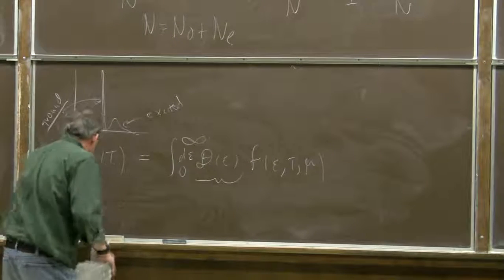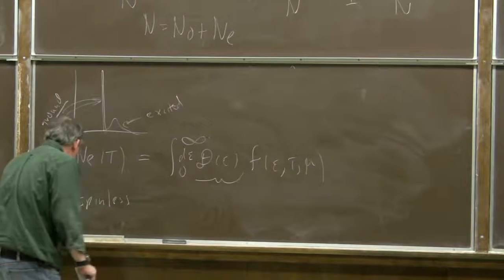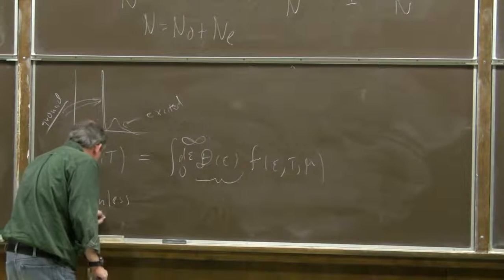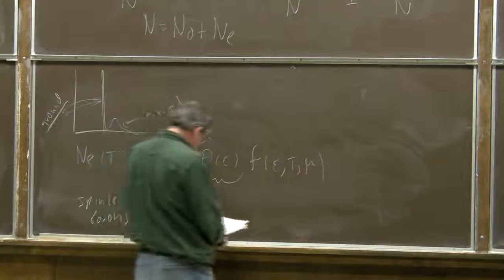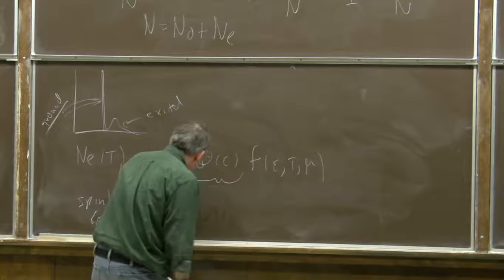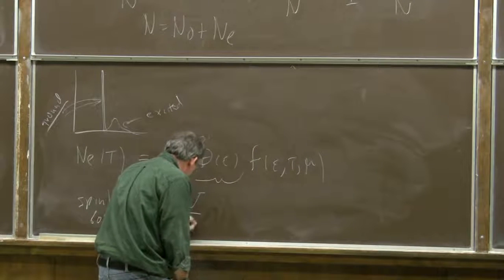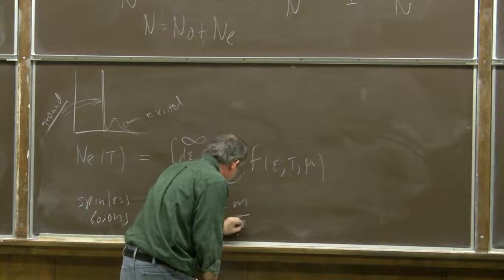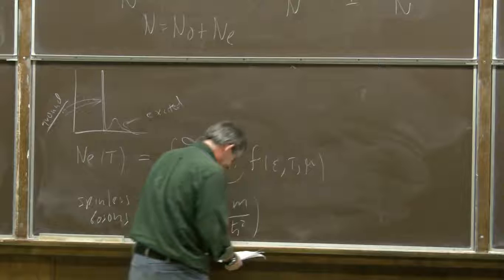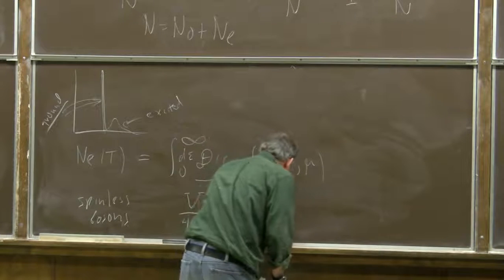So for spinless bosons, the spin factor is 1. No spin degeneracy. And as we computed last time, the density of states, or density of orbitals, is volume divided by 4 pi squared, 2m over h bar squared to the 3/2, times energy to the 1/2.